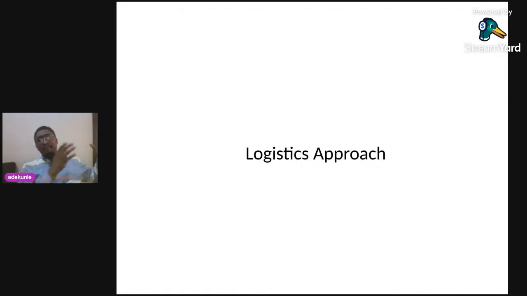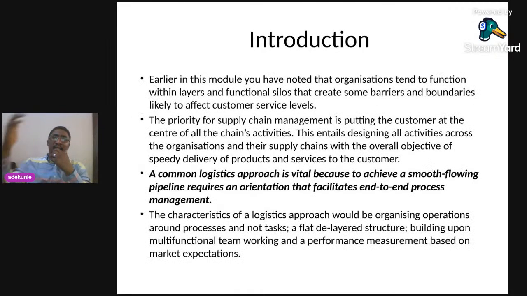Then, of course, I have mentioned some of the major component activities of supply chain: transportation, procurement, warehouse. Let's look at the logistic approach as a key activity within the supply chain. Like earlier, we've noted that organizations tend to function within layers and functional silos that create some barriers and boundaries likely to affect customer service level.